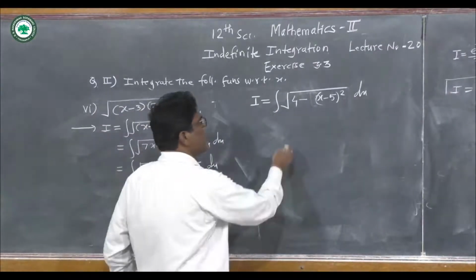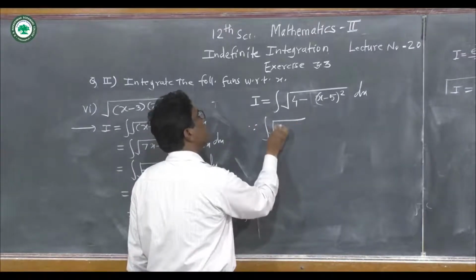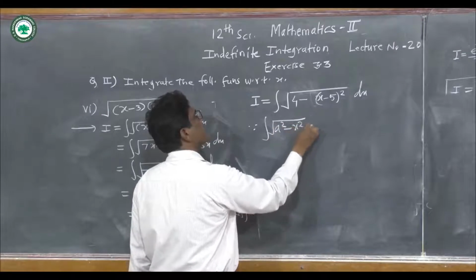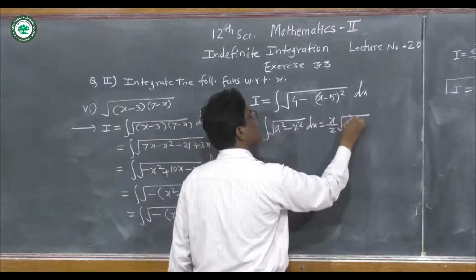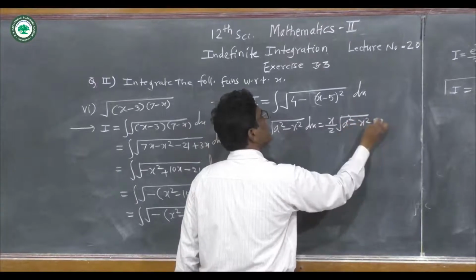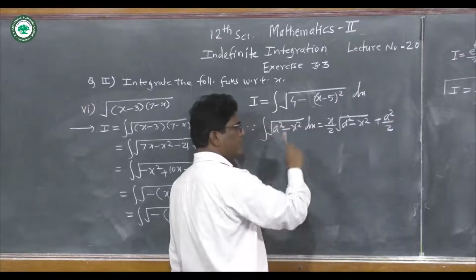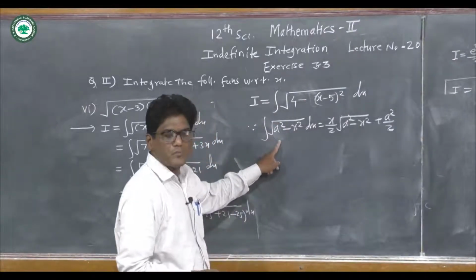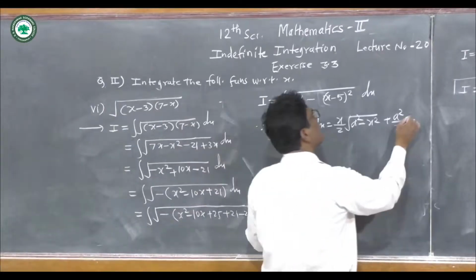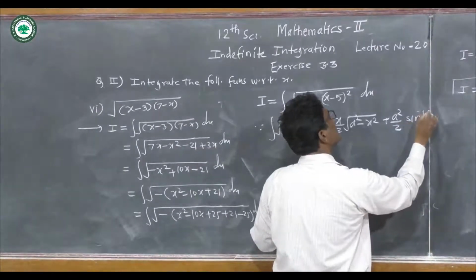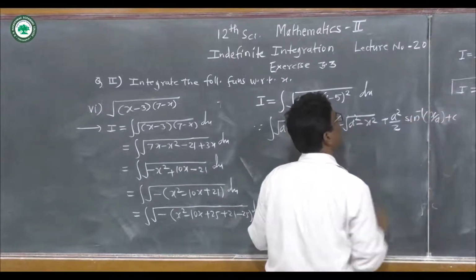And now again here use the formula. Which formula? Integration of under root of a square minus x square dx is equal to x upon 2 into under root of a square minus x square, plus a square by 2 into sine inverse of x upon a, plus constant of integration.